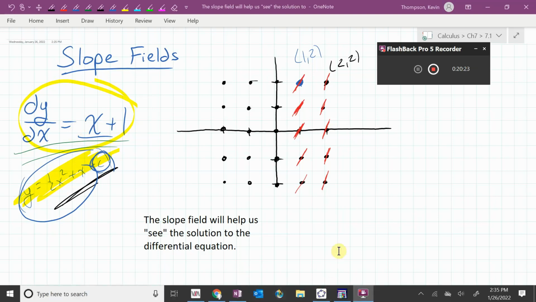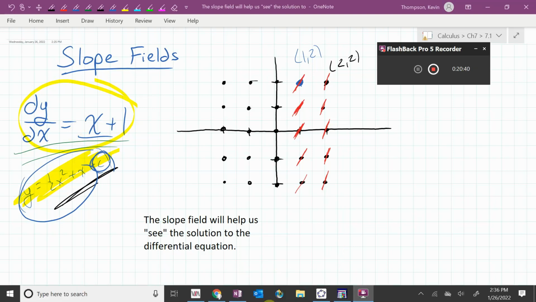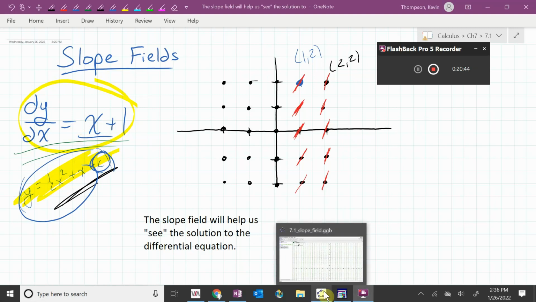Now, to help us maybe better see it, and to be a little bit more exact, I put this into the computer so that we can see the full slope field. I will say the first moment of looking at it, it's a little overwhelming, so give your eyes a minute to take it in.